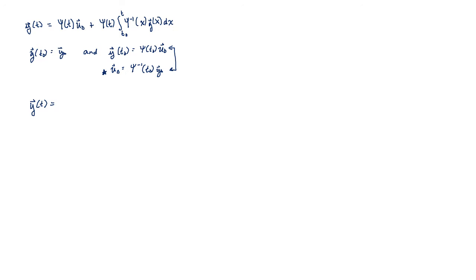So I'm going to write that first term as psi of t multiplied by psi inverse of t naught multiplied by y naught, like so. And then I'll have psi of t multiplied by my integral from t naught to t of psi inverse of x, g of x, dx. So this is the formula that I'm going to use for variation of parameters.